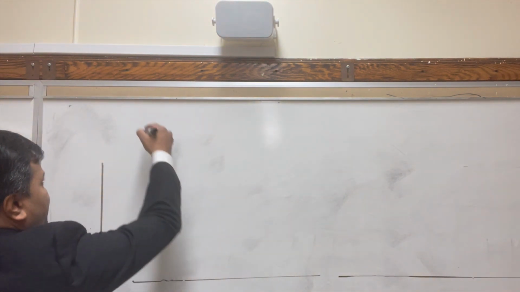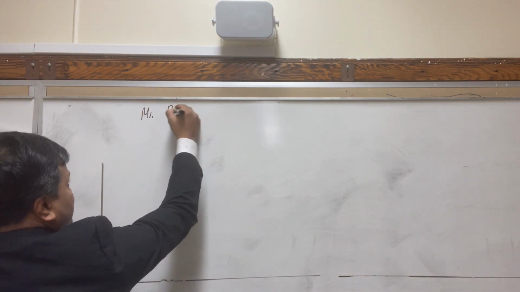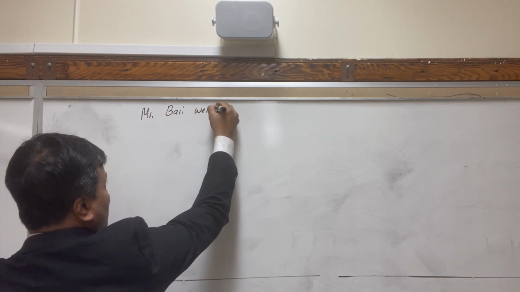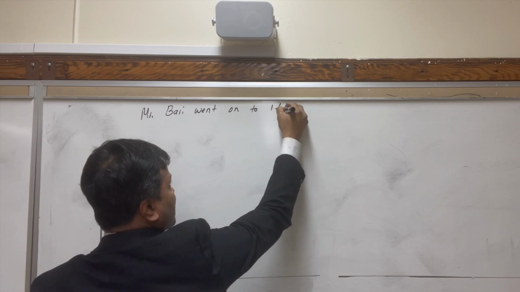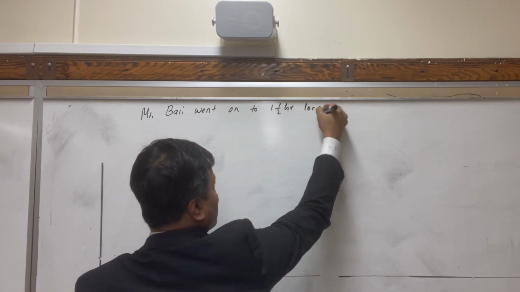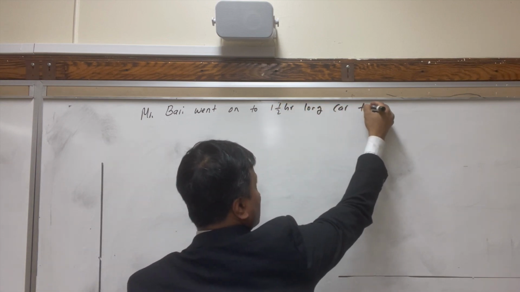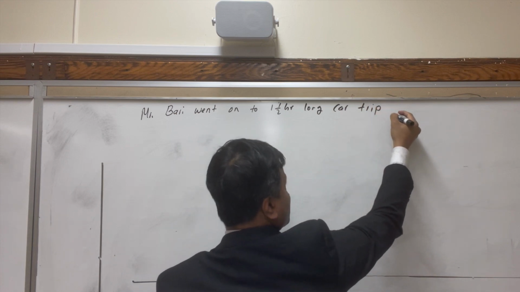Let's write down the problem. Mr. Berry went on a 1.5 hour long car trip, and his position function is given.